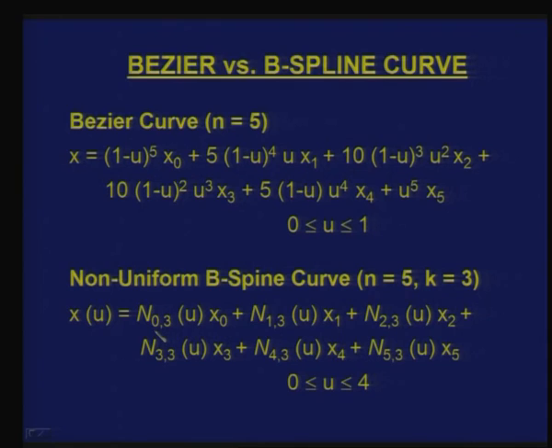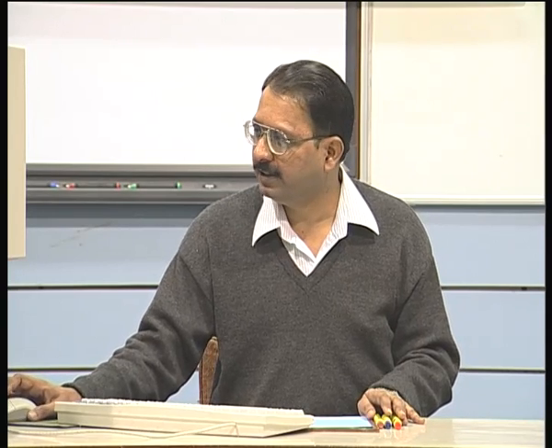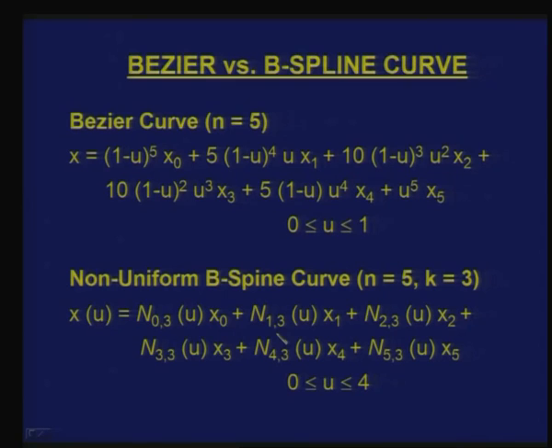Since k is equal to 3, these are N03, N13, N23, N33, all the way up to N53, which are called B-spline basis functions. We will soon see the mathematical definition of these basis functions, but for the time being we only need to know that you have to evaluate them in order to define the curve completely.